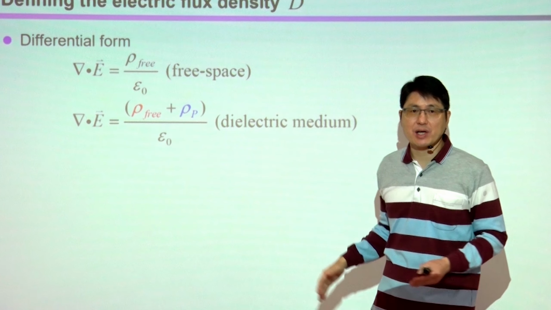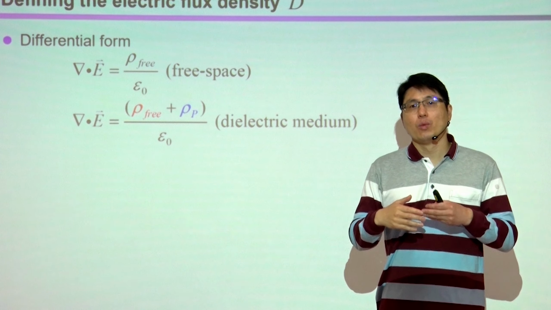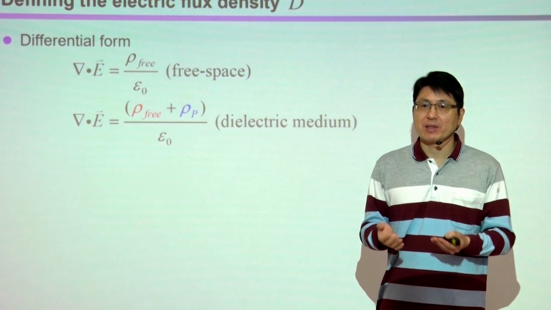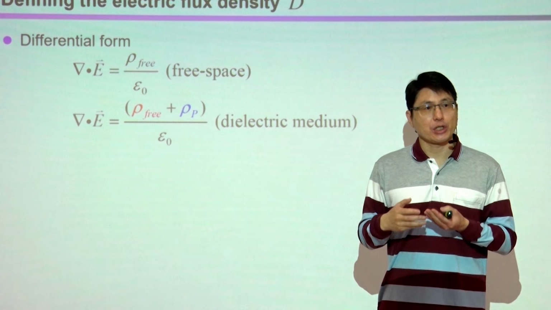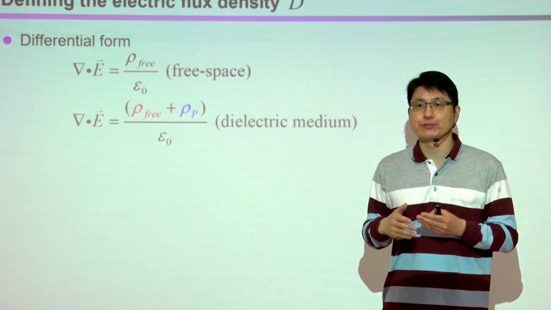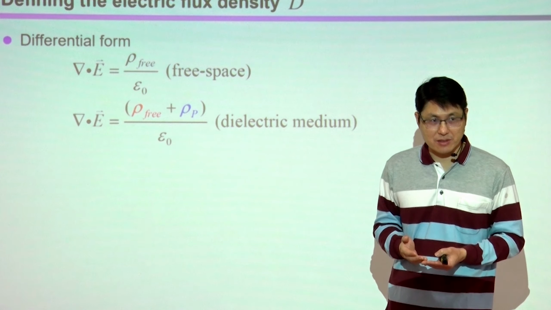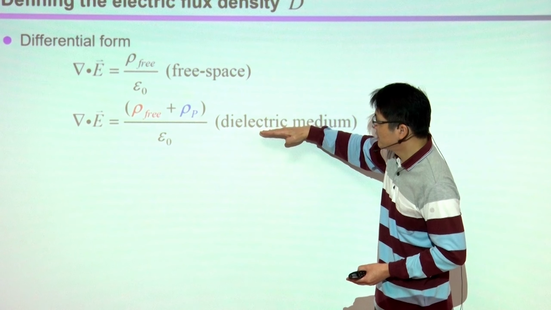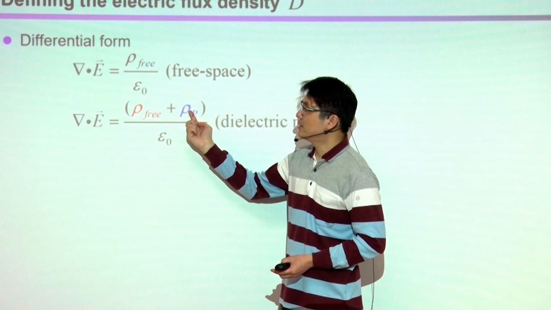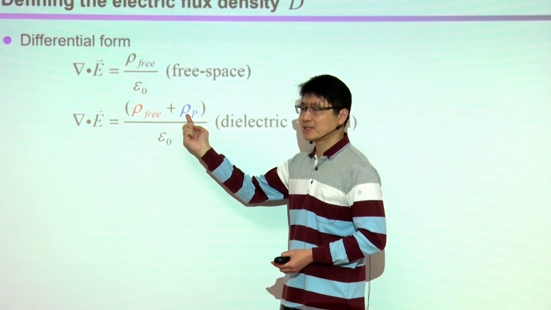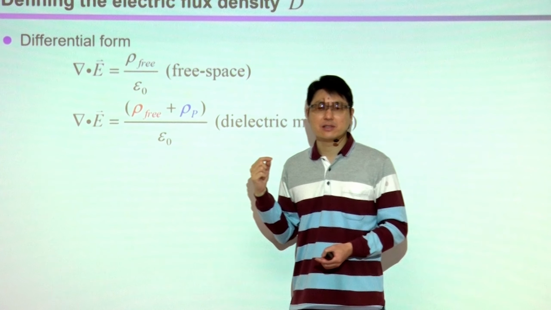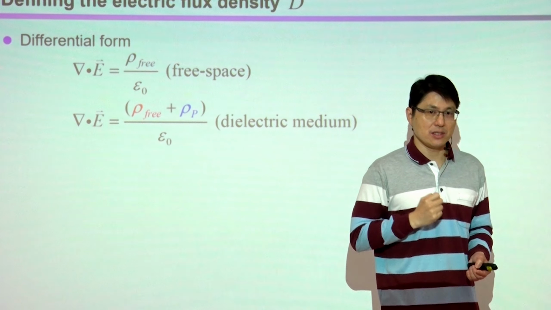Remember, we spent so much time talking about what the electric dipoles do. They provide additional charge densities. And we now know how to formulate these charge densities. So inside the material, you need to add the polarization-induced charge densities to the free charge densities.